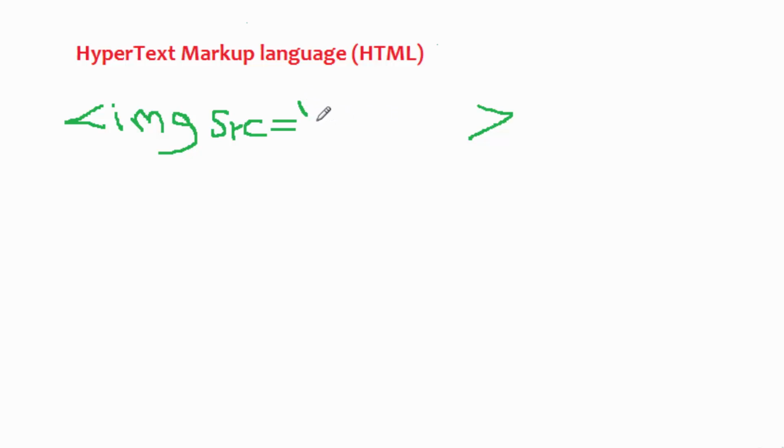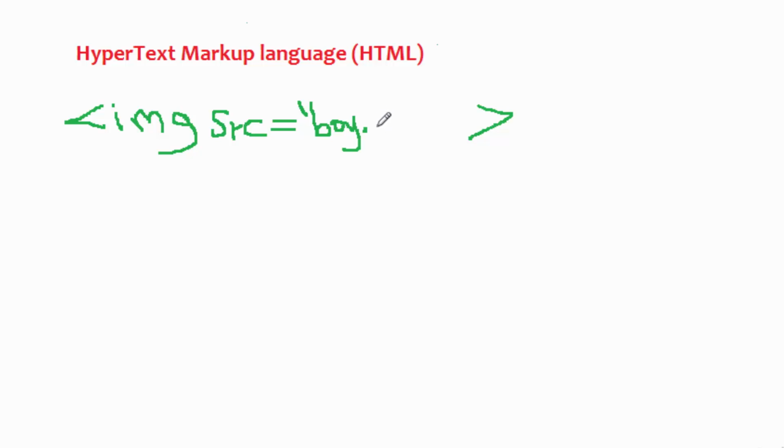So if my image is called boy, I will give it the name boy, then dot. After this dot is the type of the image file, which I will also explain in coming few minutes.